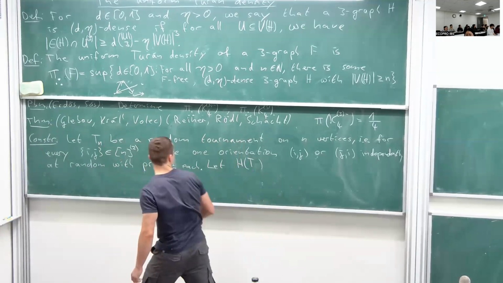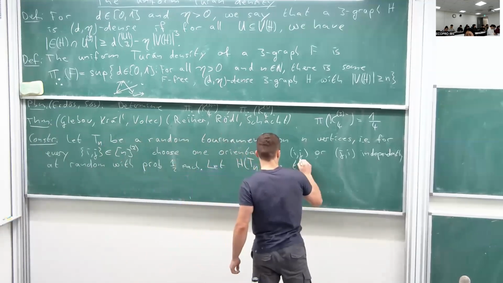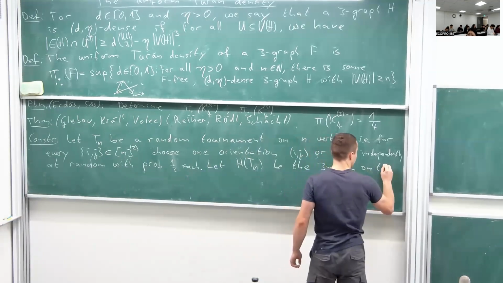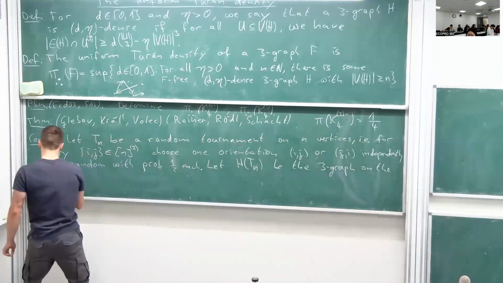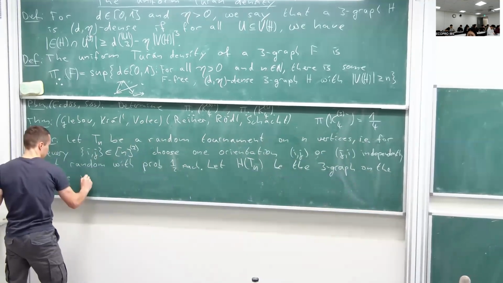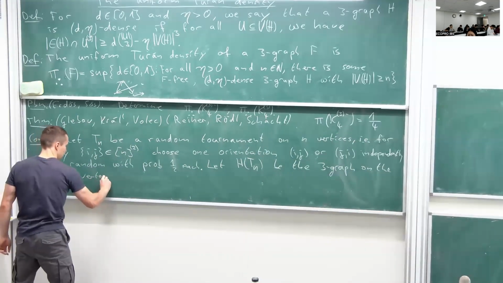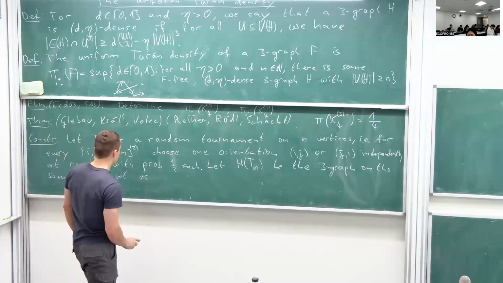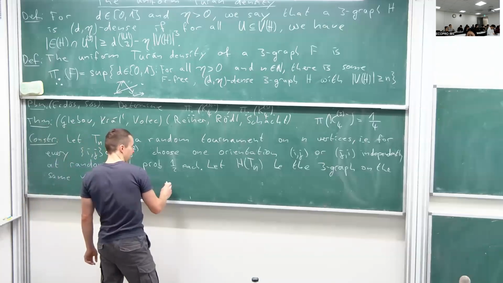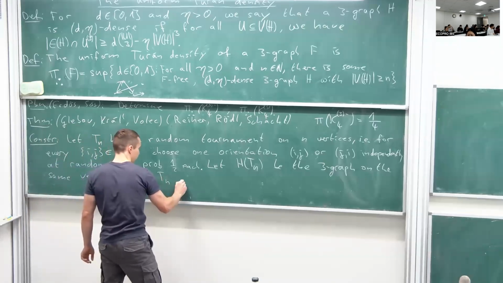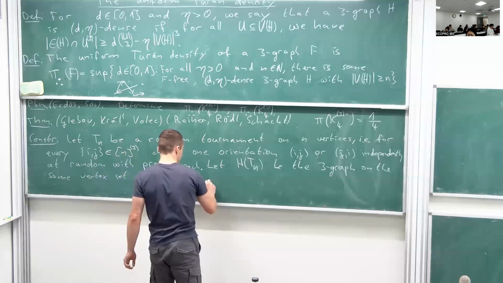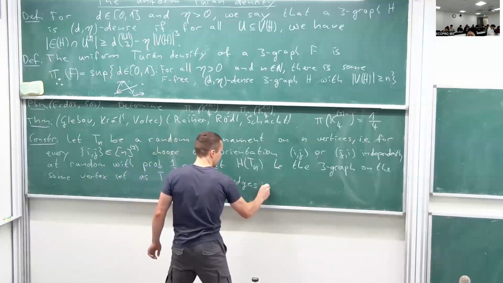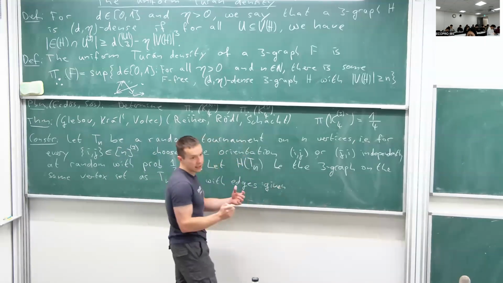We say then we have a 3-graph H_T on the same vertex set, with edges given by cyclic triangles.